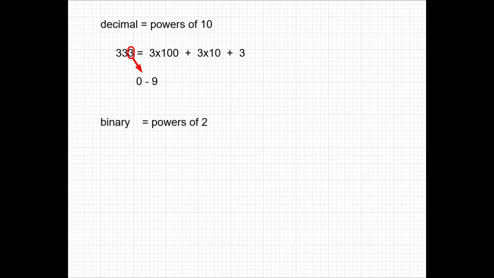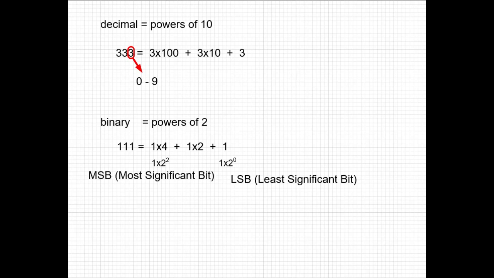Binary numbers, on the other hand, are positioned by powers of 2. Since the first position, the least significant bit, is times 2 to the 0 power, it's just times 1. The third position, in this case the most significant bit, is times 2 to the 2, or times 4.